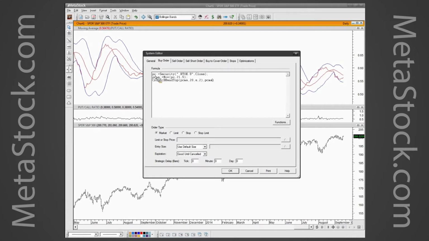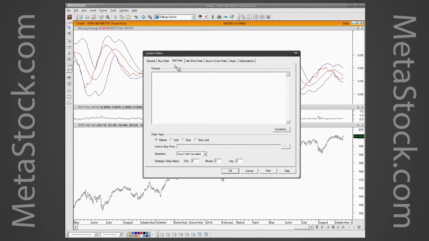We need the put-call ratio data, and we need the moving average of that. So rather than type that all over again, I'm just going to highlight and copy those, press Control C, or I could right click and choose copy. I go over to the sell order and paste them in.